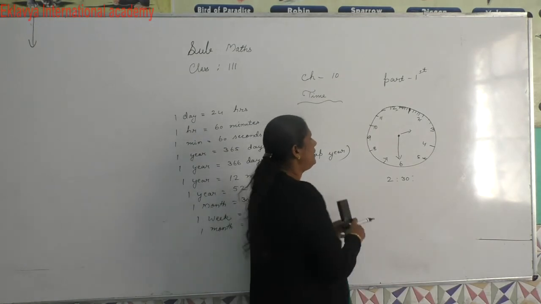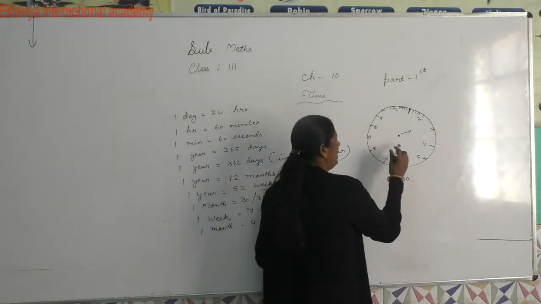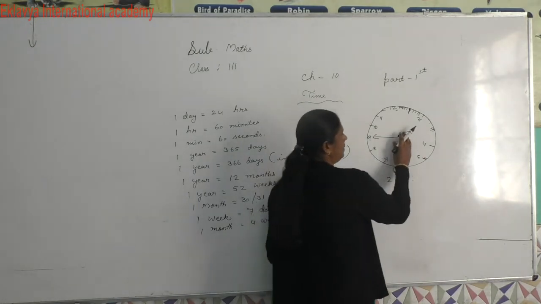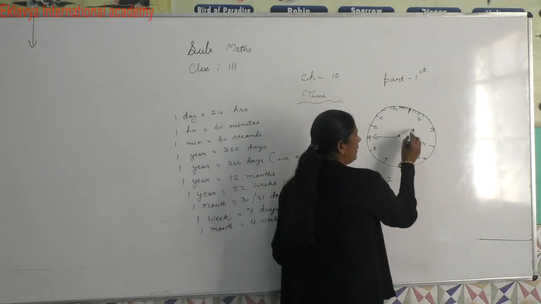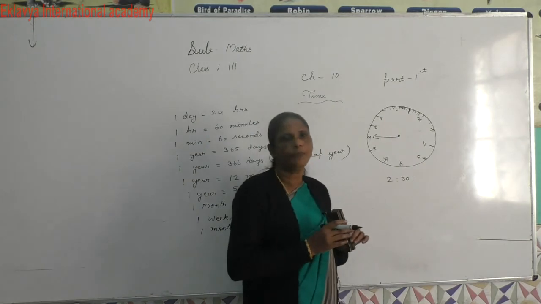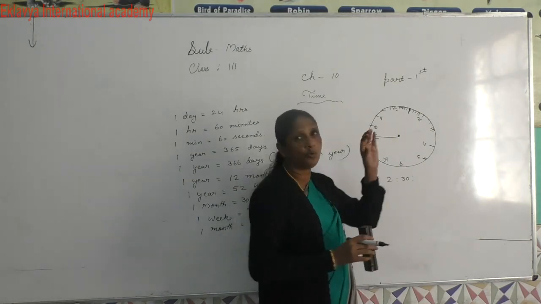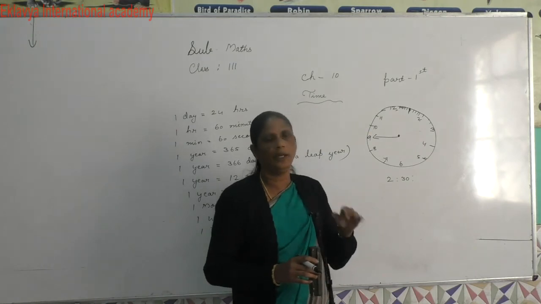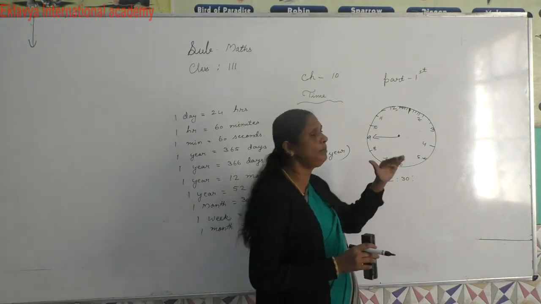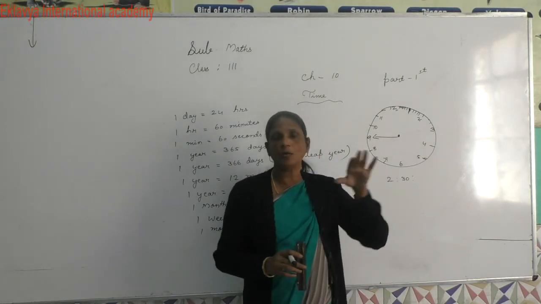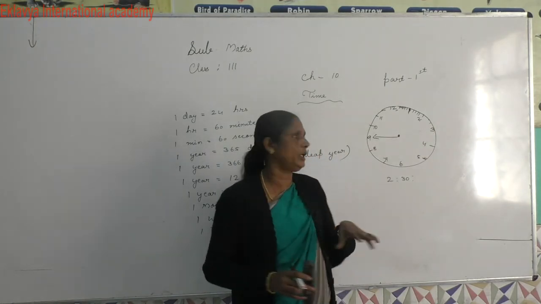Then the big hand comes on 9, then the small hand is about 3. Then the time is 2:45, that is 15 minutes to 3 o'clock, or 2:45.